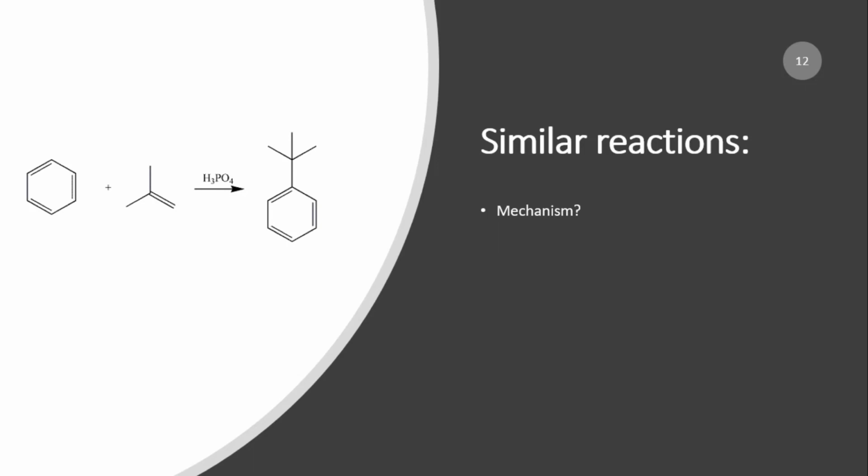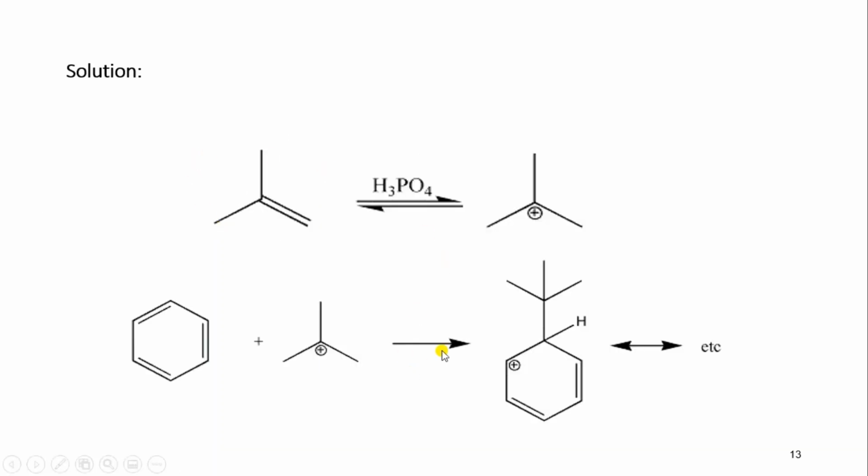But definitely, by the Markovnikov addition, there will be carbocation formation at the tertiary site, and this is what is happening. There's a tertiary carbocation formation, and then the tertiary carbocation is easily attacked by the benzene ring, and the rest of the steps are the same.